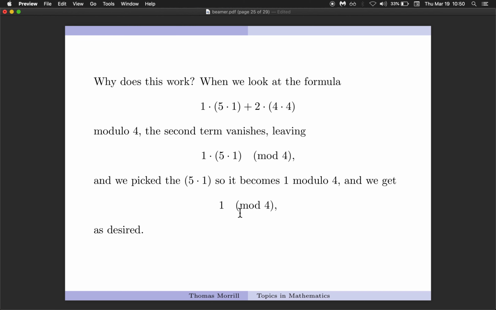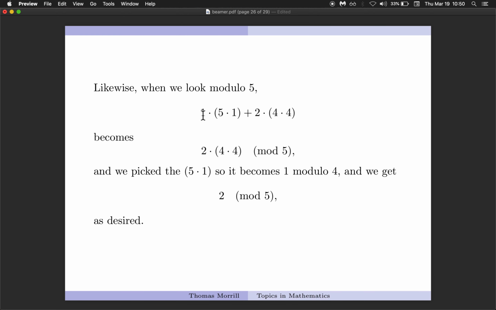When I do the same formula mod 5, now this part vanishes because 5 is 0 mod 5. So this all is gone. I'm left with the residue that I want mod 5 times 4 times the inverse of 4. And I have a second typo here. This should be 4 times 4. We picked the 4 times 4 so that it becomes 1 modulo 5, leaving the remainder 2 that we wanted to get.